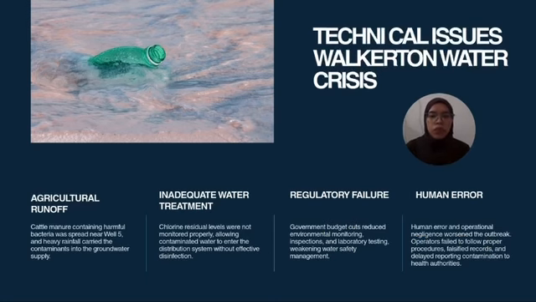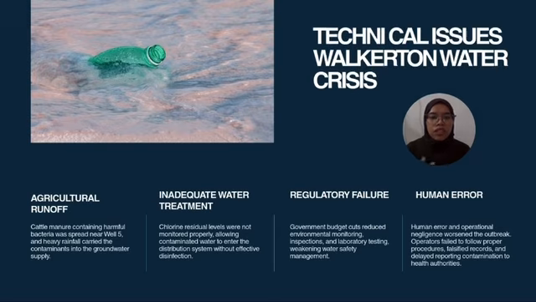The first major cause was agricultural runoff. Cattle manure containing harmful bacteria was spread near Well 5 and heavy rainfall carried the contaminants into the groundwater supply. The second issue was inadequate water treatment and chlorination failure. Chlorine residual levels were not monitored properly, allowing contaminated water to enter the distribution system without effective disinfection. Another important cause was systemic and regulatory failure.